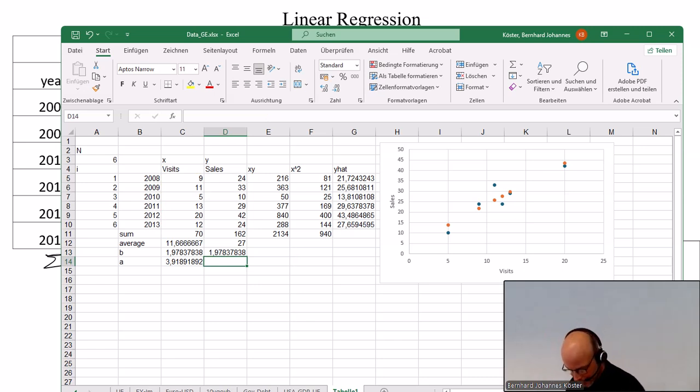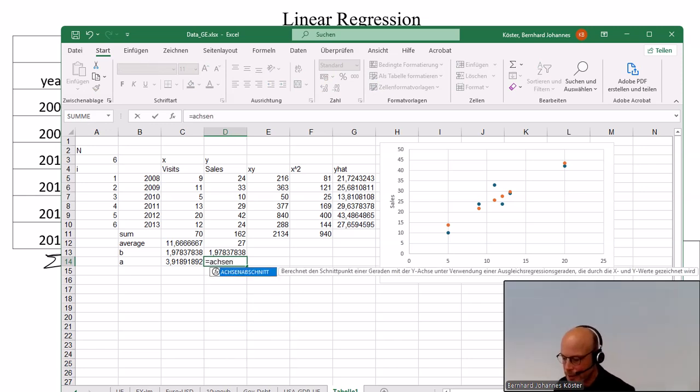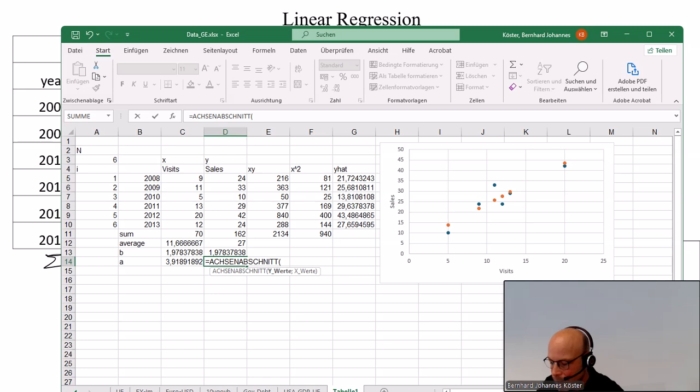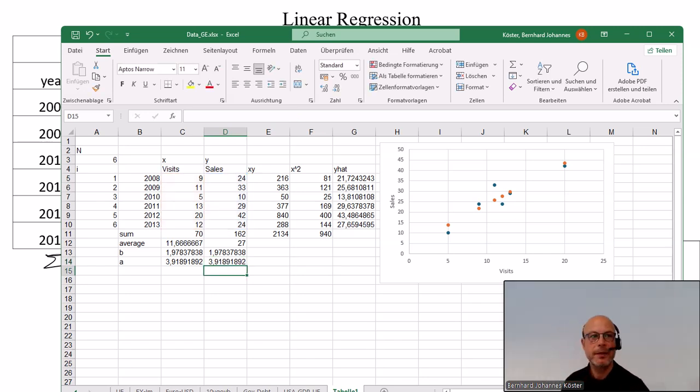And this is the vertical part, called Achsenabschnitt. Again, plugging in the y and plugging in the x part, and you end up with your part here.